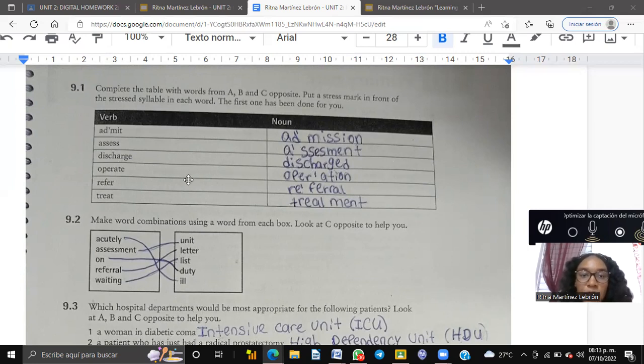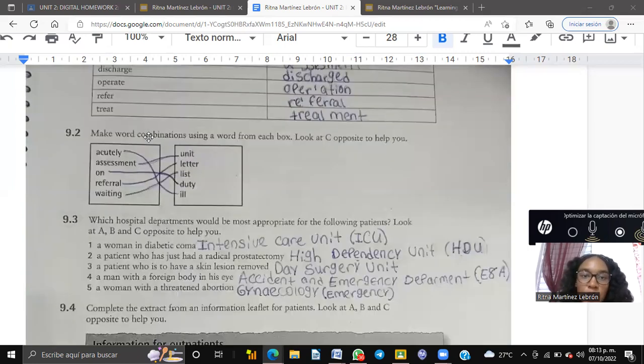Operate, operation. Refer, referral. Treat, treatment. Make word combinations using words from each box. Look at C opposite to help you. Acute illness, assessment unit, on call, on duty, referral letter, waiting list.